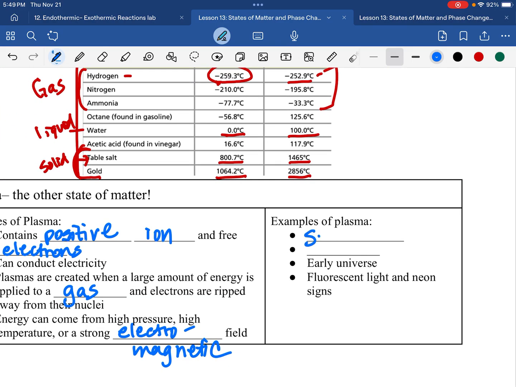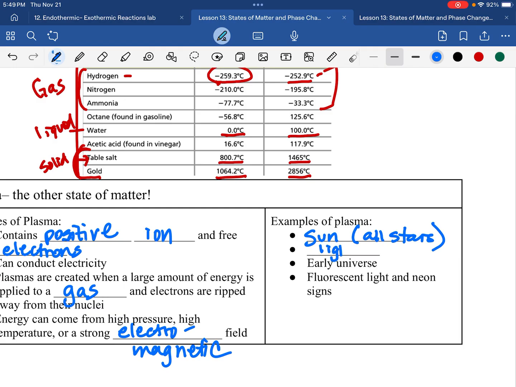The sun, the hydrogen gas, and the smaller amount of helium gas, is all in a plasma state because of the intense heat and pressure. The electrons have been ripped away from the hydrogen nuclei. And that is the same as all stars, which are in a state of plasma.